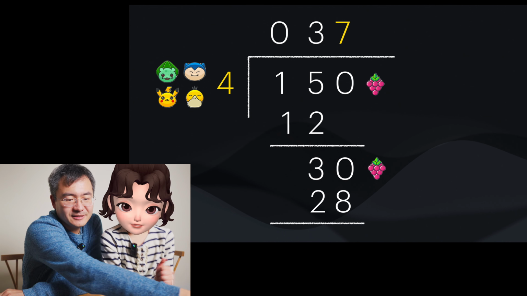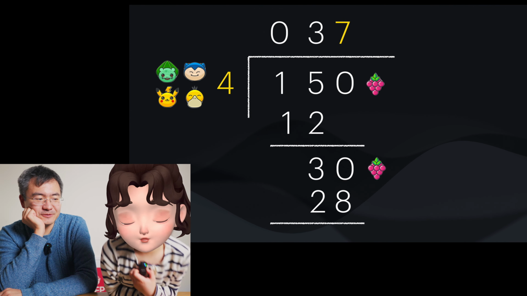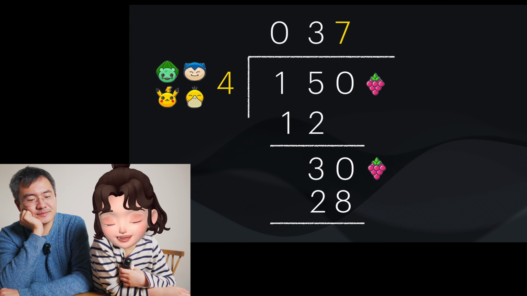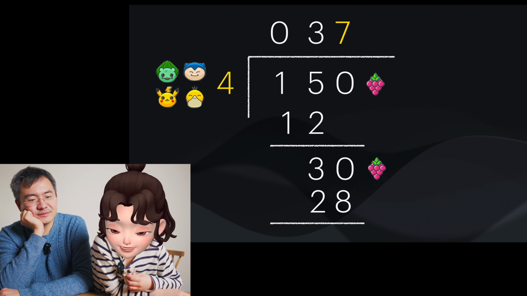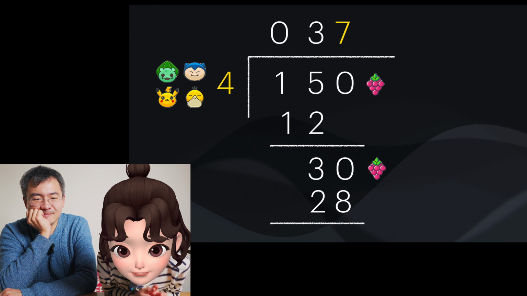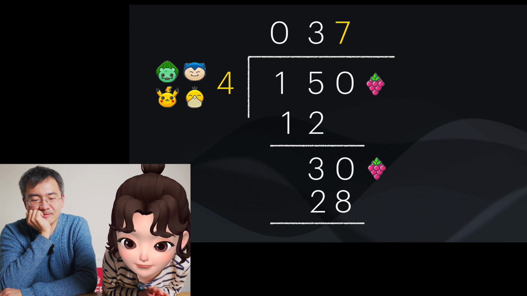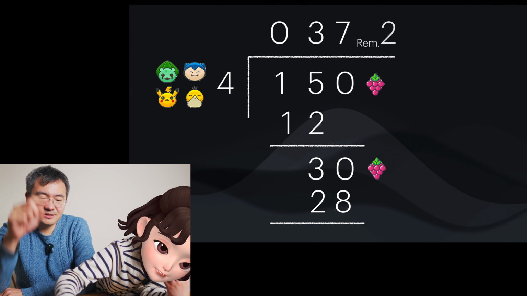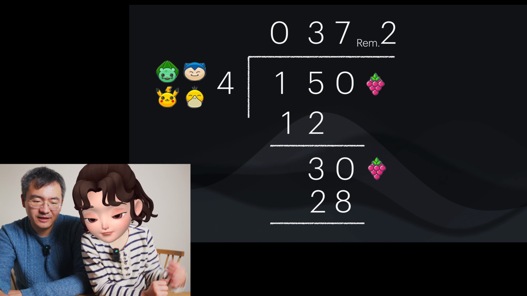How many Pokemon fruits do they receive? 37 each. Right? Yeah, but how many do we have left? How many is left? Remainder. So 30 minus 28? 2. Yes, so we have 2.